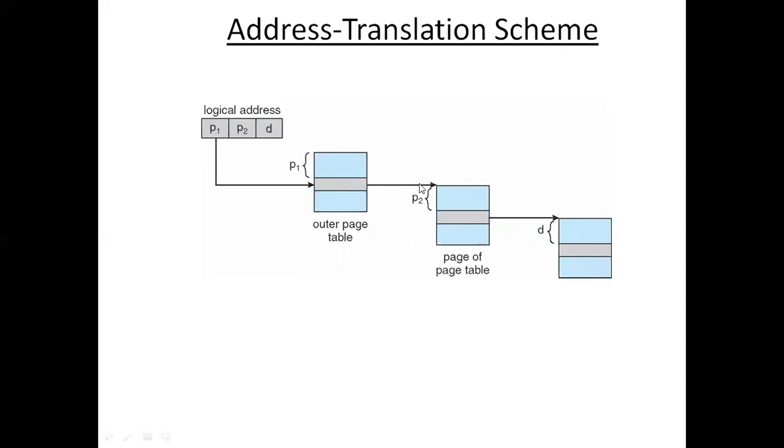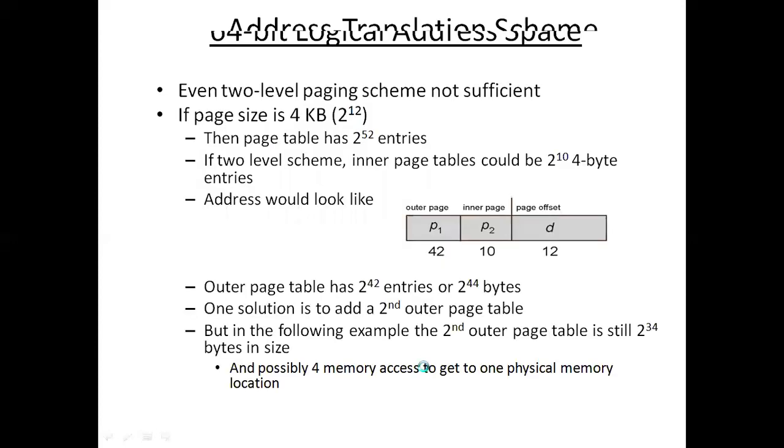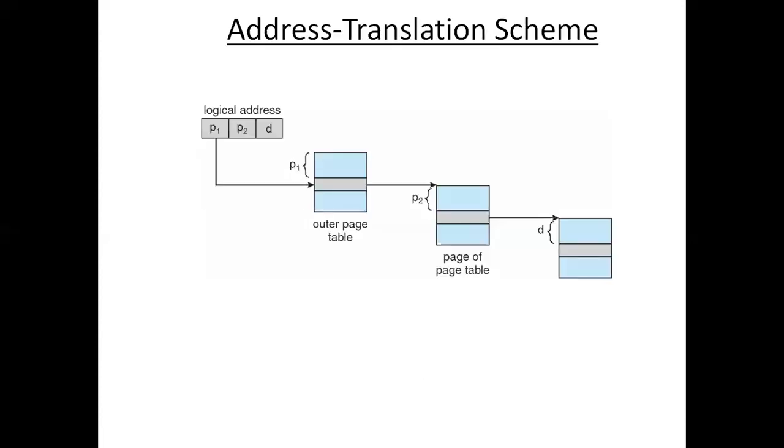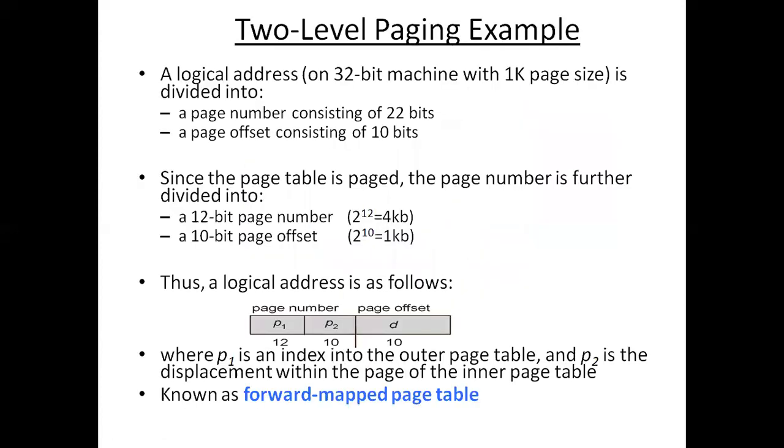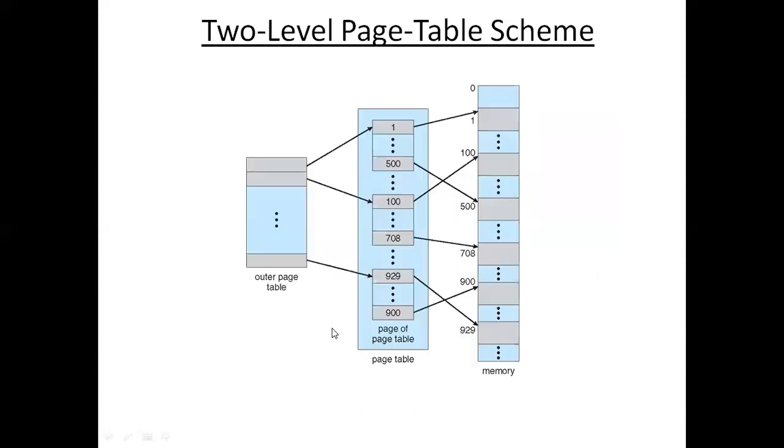So the combination of this and this, you have to take the displacement and add it to that particular frame number and you will get the physical address. Okay, so this is the diagram of the address translation scheme. So is it clear? So here I have a two-level paging. What do I mean by two-level paging? The page table is divided into an outer page table and an inner page table.